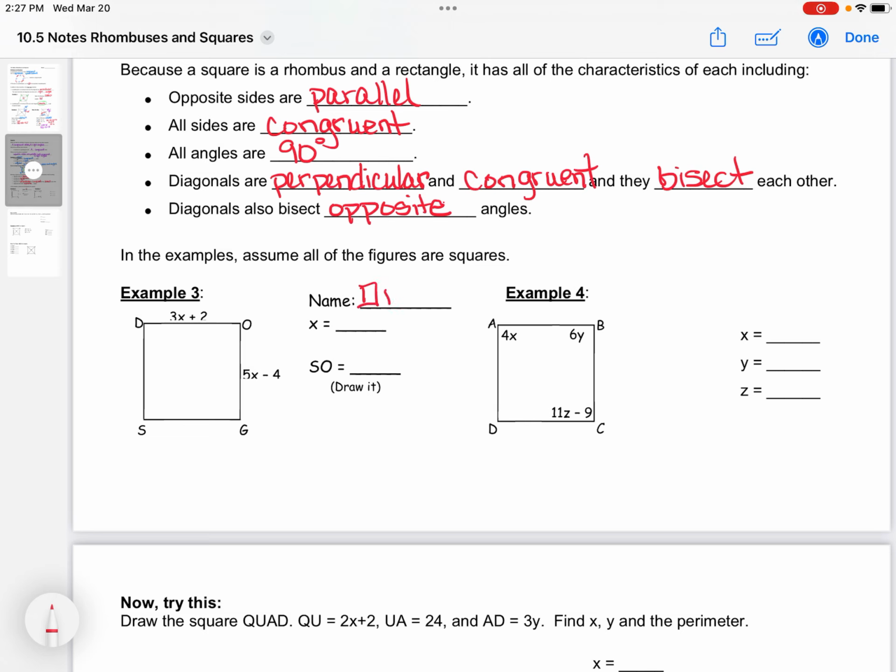So let's name the square D, O, G, S. All right, all the sides are the same. 5x minus 4 equals 3x plus 2. 2x equals 6. X equals 3. SO is the diagonal.